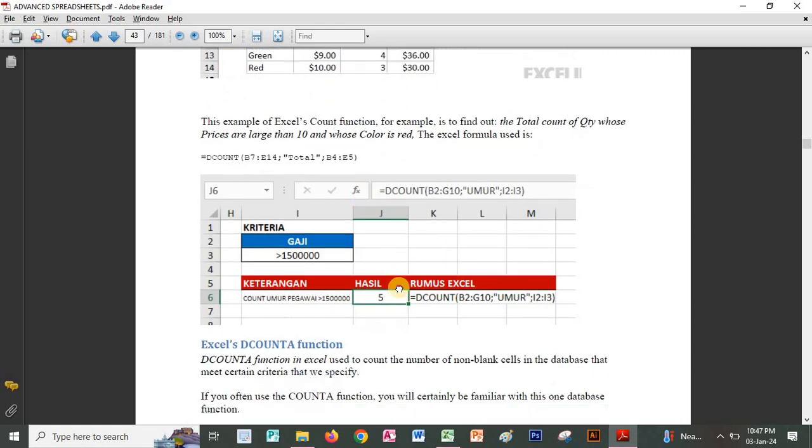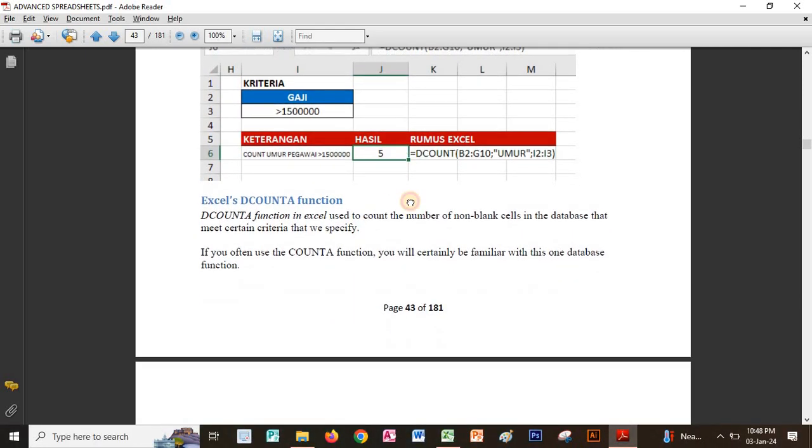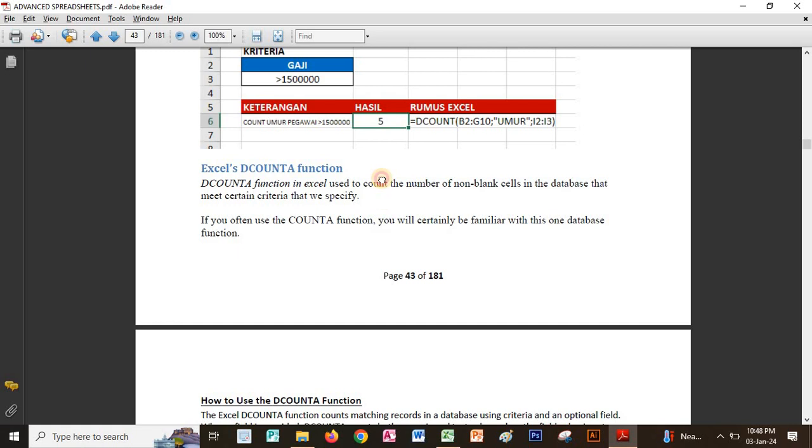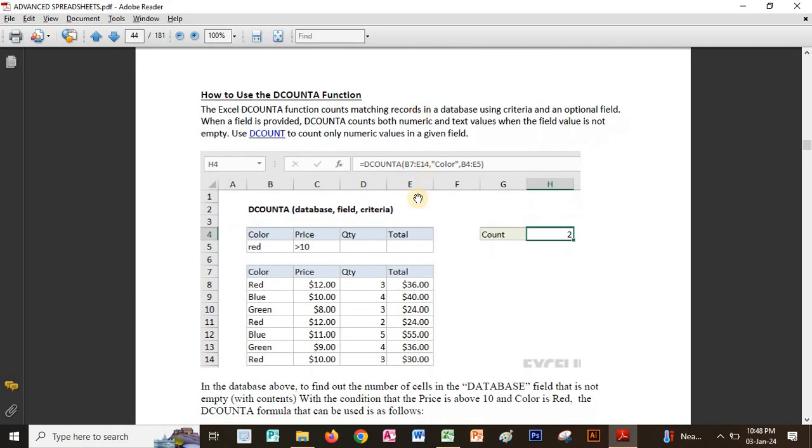So that was about DCOUNT, DSUM and all the database functions. We have seen how they are working for us. They are very beautiful compared to the ordinary counting, summing, maximum and minimum, the ordinary ones we were working with. Here we are adding some more functionality where the criteria comes in, and we are providing a database for what we are working with.